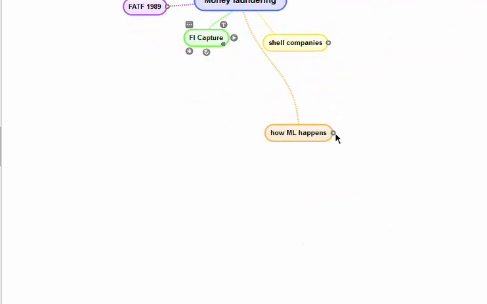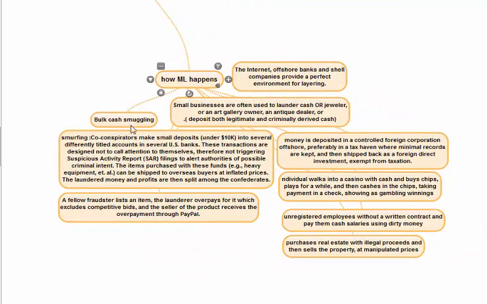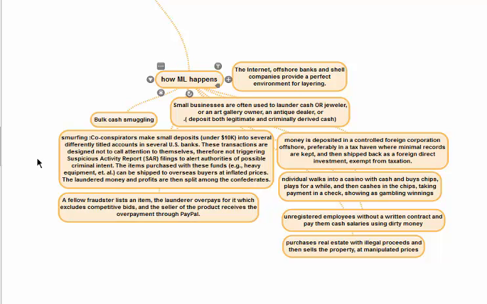How does money laundering happen? It happens in multiple ways, especially in the trade arena. Bulk cash smuggling: physical cash is smuggled to an area where there are no controls over cash handling and then deposited into bank accounts there. The most important part is smurfing. Smurfing is where conspirators make small deposits of money.